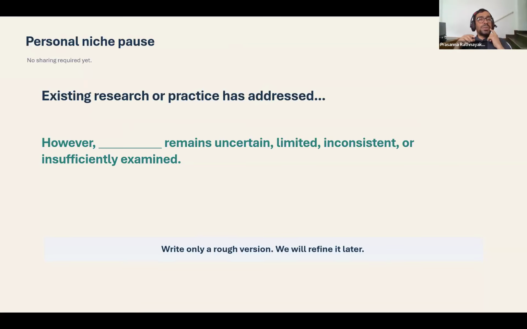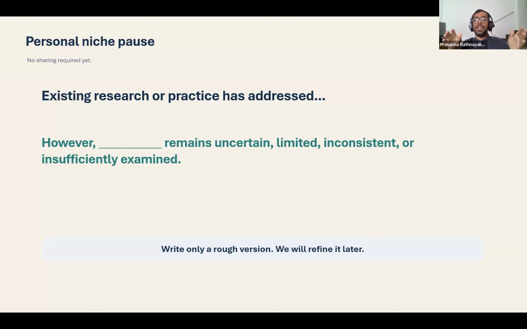Now, we are going to have a little pause for your personal niche. Think of your own research. You do not need to share this yet, but complete these two stems in your worksheet. First, existing research or practice has addressed something, isn't it?